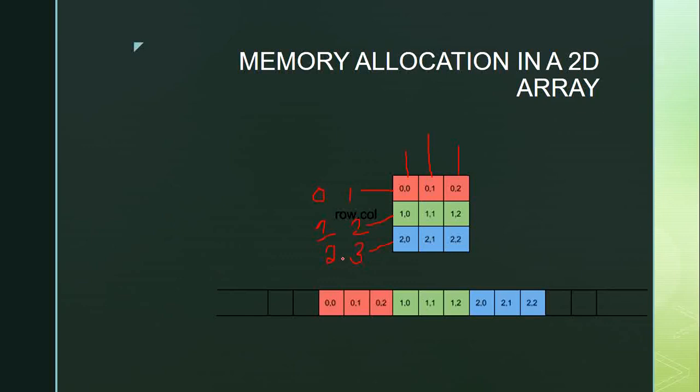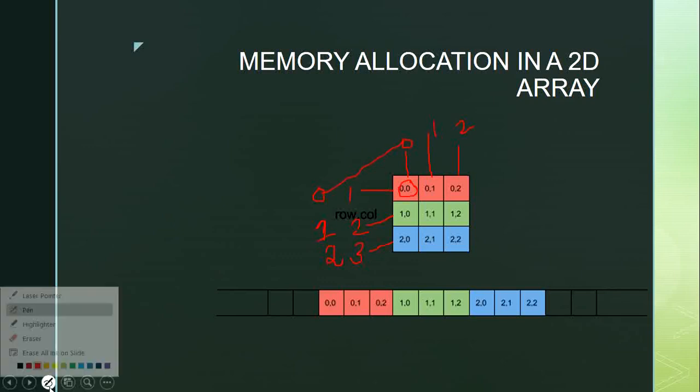So this will be the 0th column, this will be the first column, and this will be the second column. So naturally if you match this, the location of this element is 0, 0, because we have matched this row and this column.